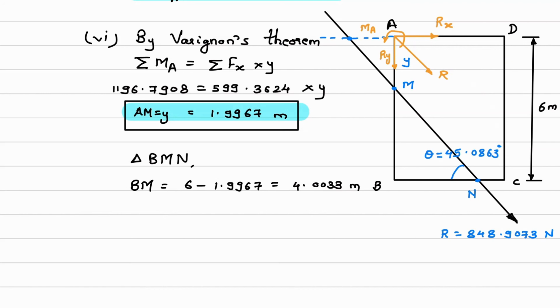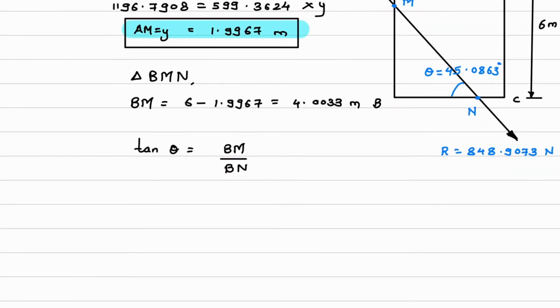Now since we know this angle and we know the opposite side, we can use the tan theta relation. So tan theta is equal to the opposite side BM upon the adjacent side BN. So we can calculate BN now.